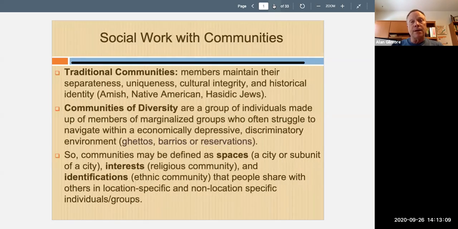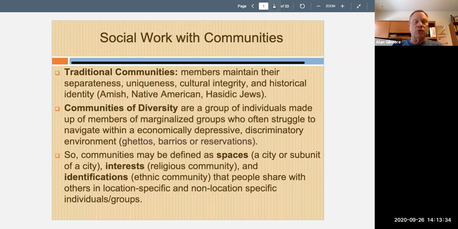Traditional communities is another way to be thinking about communities. This is often defined as communities where members maintain their separateness, their uniqueness, their cultural integrity, and historical identity. So this could be, for instance, an Amish community, based on religion. It could be a Native American community, based on ethnicity.